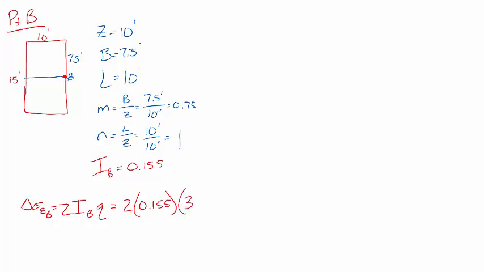Our stress Q is again 3,000 pounds per square feet. And that totals 930 pounds per square feet. That's our change in vertical stress at point B.